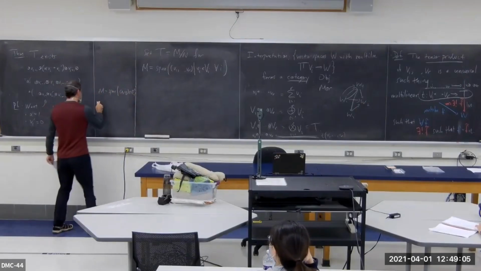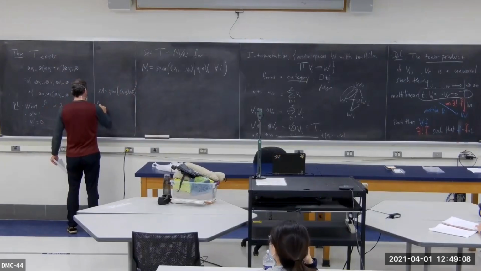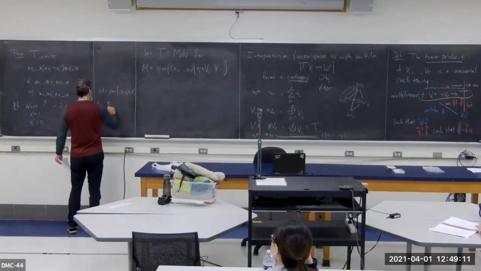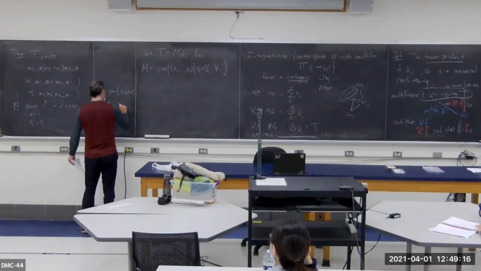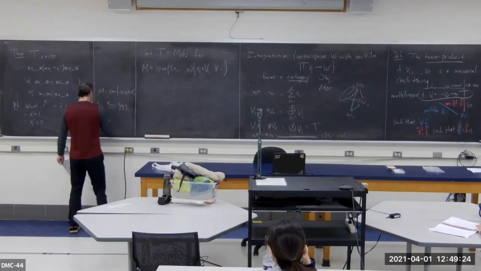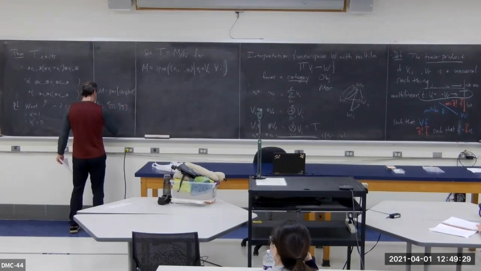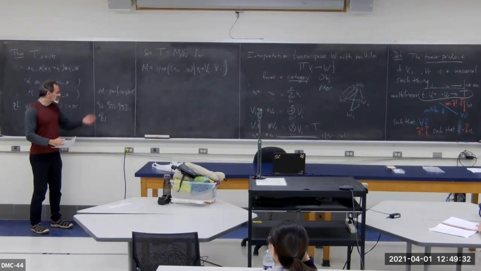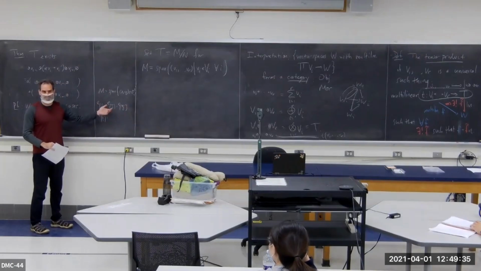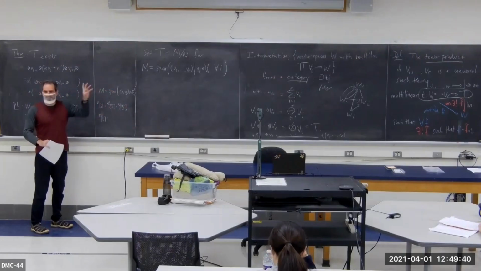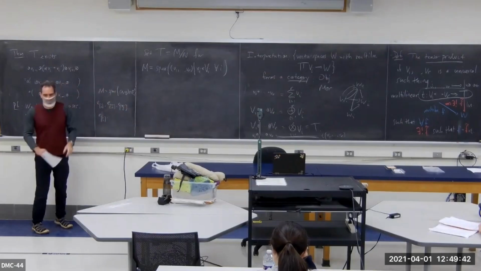So what I have is a basis vector E sub (1, 0), and I have a basis vector E sub (pi, 0), and I have a basis vector E sub (pi squared, 0), I don't know, and I have a basis vector E sub (0, 1), and so on and so forth, right? Every point in the plane is going to give me a basis vector. That's a lot of basis vectors, right? Now, N is going to be a whole bunch of relations, right? So we're going to mod out by a very big subspace of this thing.